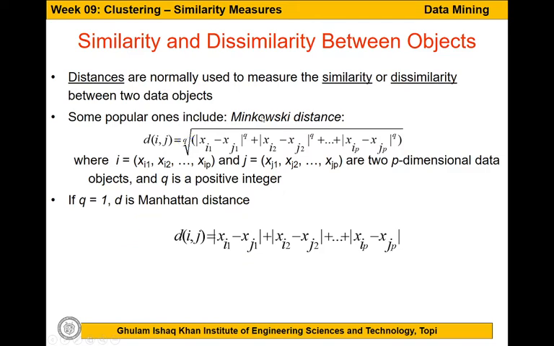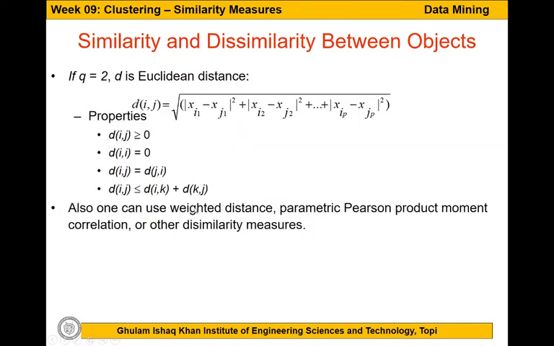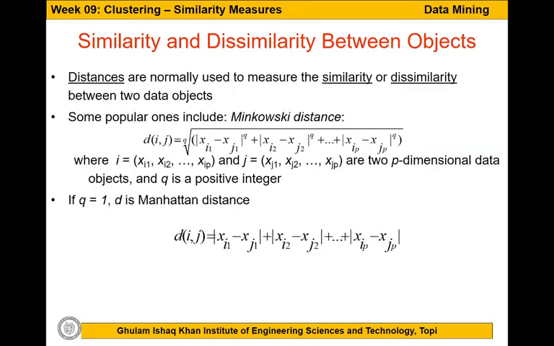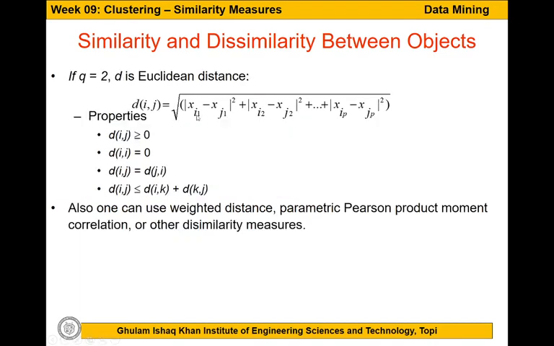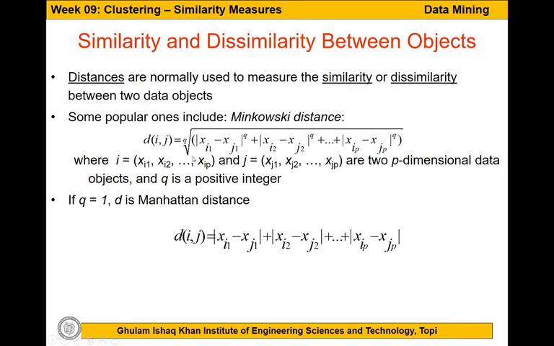We have other distances as well. For example, Euclidean distance. The Euclidean distance is almost similar to Manhattan distance, but we have an added square root, right?